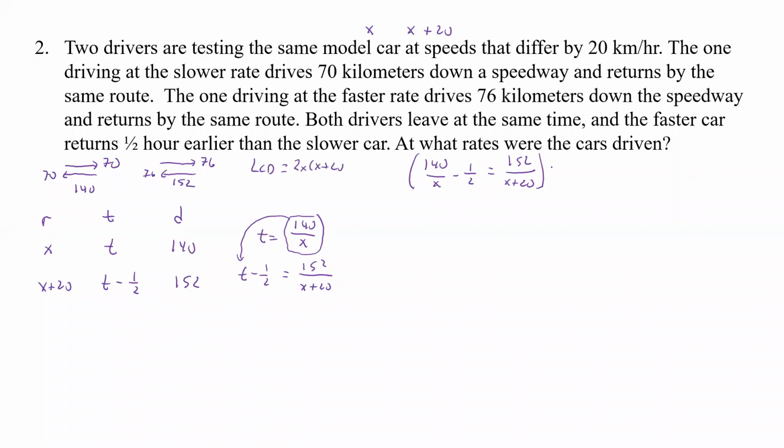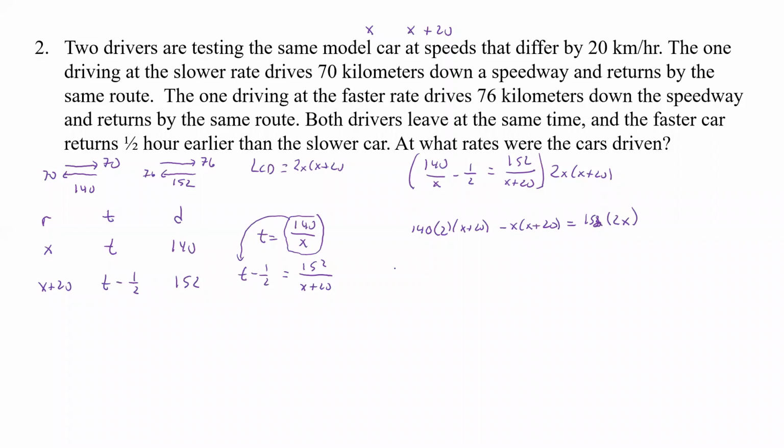So that's what I'm going to multiply by, and I'm going to multiply each term by that. When I do, I'm going to have 140 times, well, the X's cancel, so times 2 times X plus 20. Then minus, well, 1 is 1, and the 2's cancel, so I have X times X plus 20. And that equals, now the X plus 20 cancels, and I have 2 times 152X.